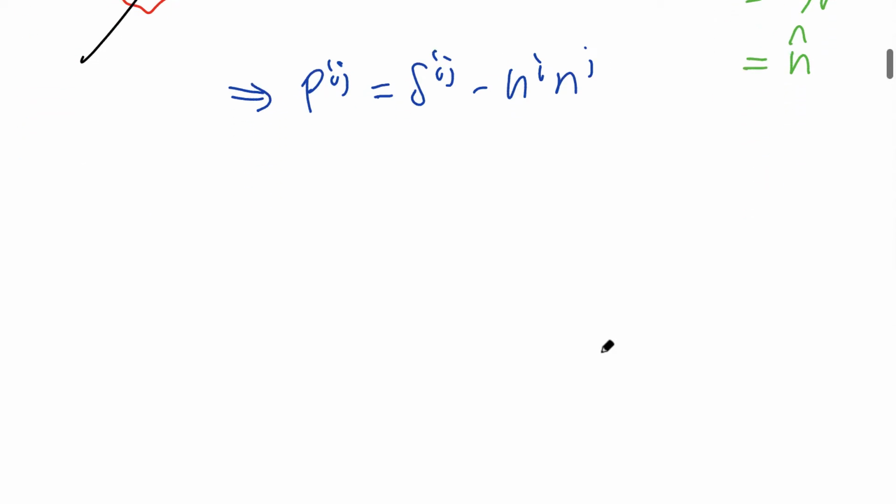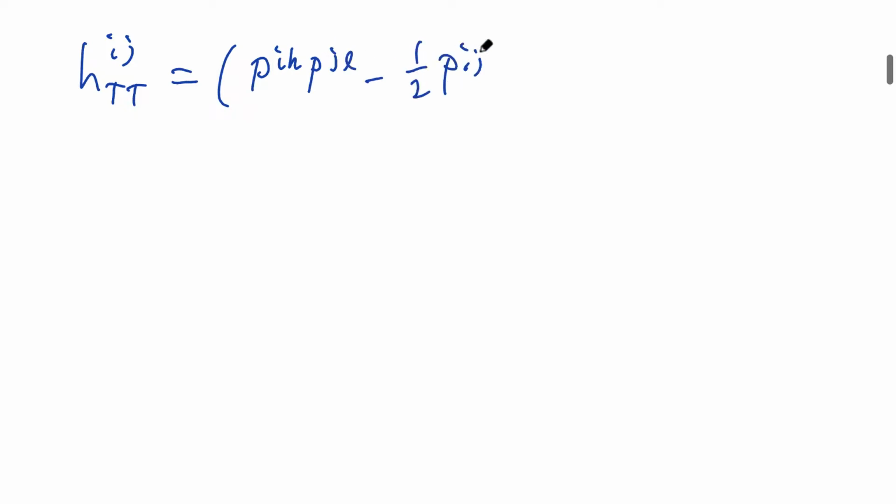The metric perturbation in TT gauge is defined by h_ij TT equals P_ik P_jl minus 1/2 P_ij P_kl times h bar kl. This is the metric perturbation in Lorentz gauge.